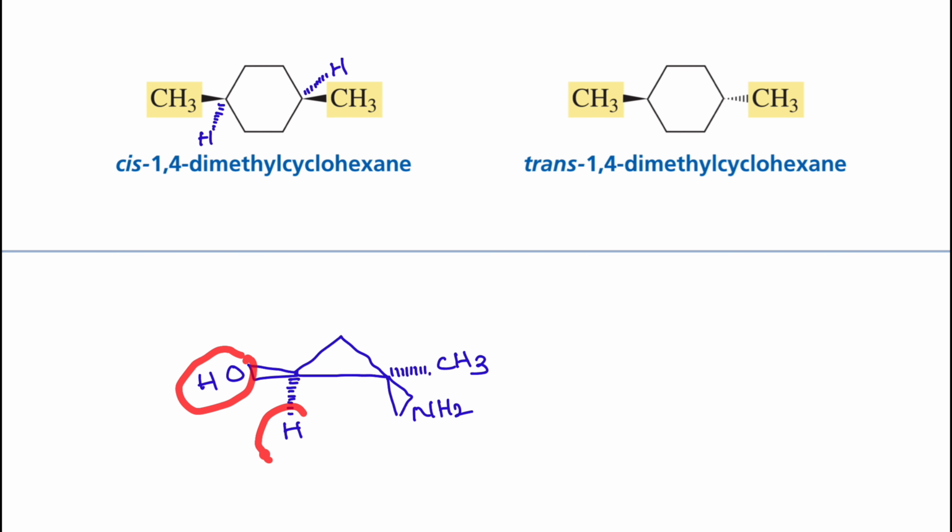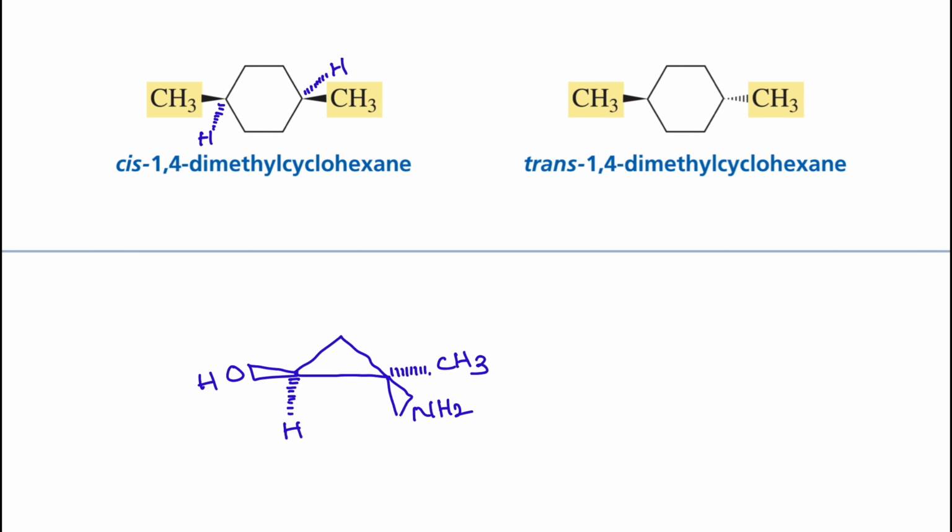Groups attached to the exocyclic bonds of that particular atom must be different. OH group and hydrogen, yes, they are different. CH3 and NH2, yes, they are different. It shows geometrical isomerism. Now this carbon and this carbon do not have common groups. It is an ABDE type of structure, we cannot give cis-trans, we have to give EZ configuration.